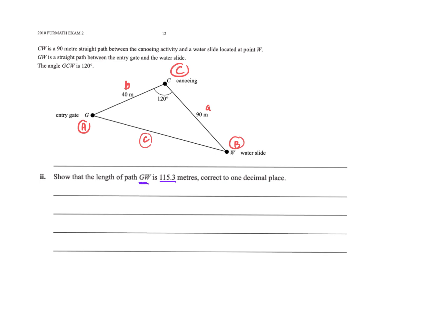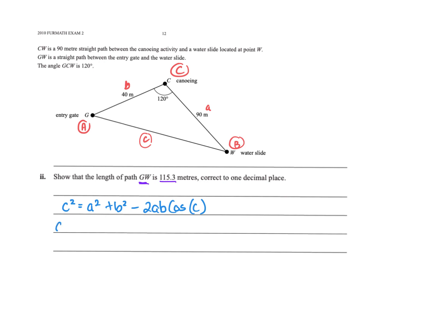Okay, so I would write out that formula that I want to use. So I'd write c squared equals a squared plus b squared minus 2ab cos C. So what they want to see is that you've put in all that.